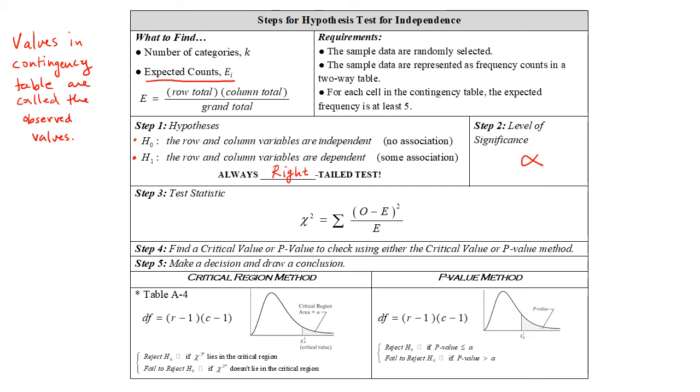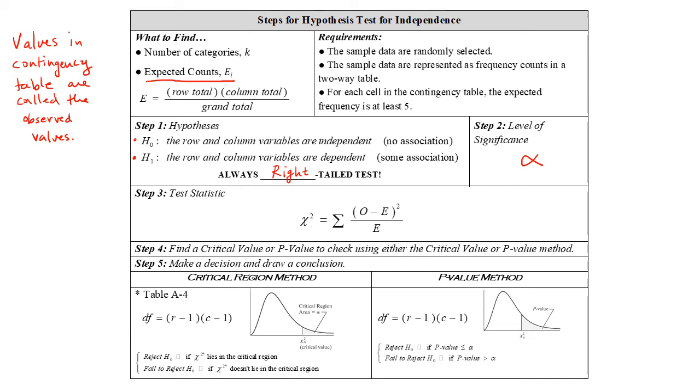And so if our p-value, if we're doing the p-value method, goes below alpha, then we can reject the null hypothesis, in which case we can reject the claim that the variables are independent, and we have evidence to support the claim that they are actually dependent. In other words, there is some association between those two variables.